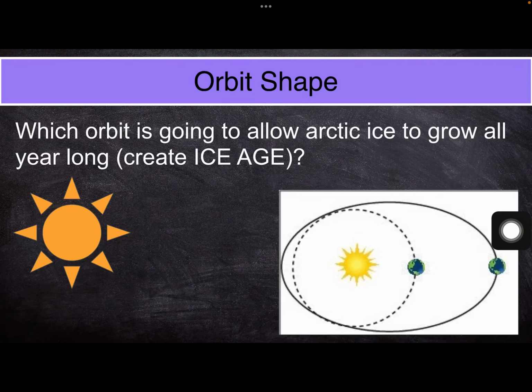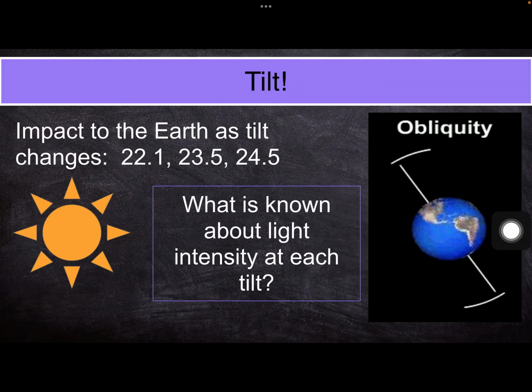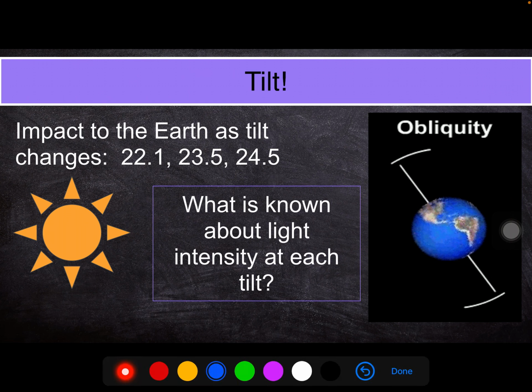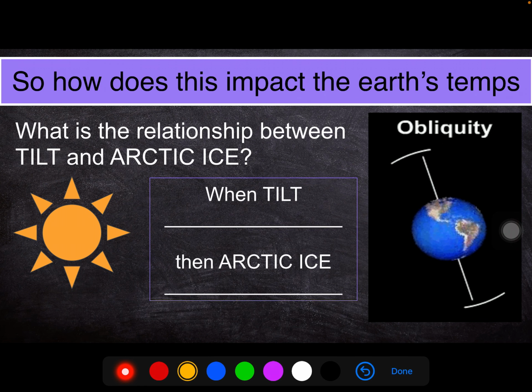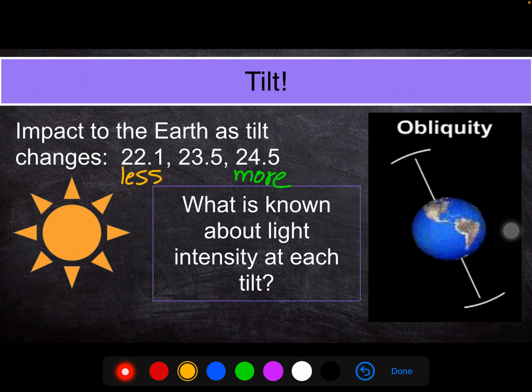So when we think about the tilt, it's a little harder because we don't have a shape. We don't have a name for it, but we had our degrees. So when we think about the variations, we have times of more tilt and we have times of less tilt. Okay, more and less tilt.